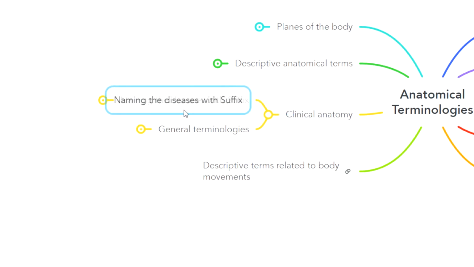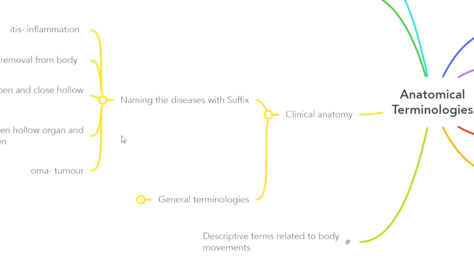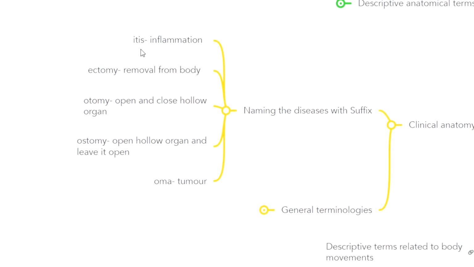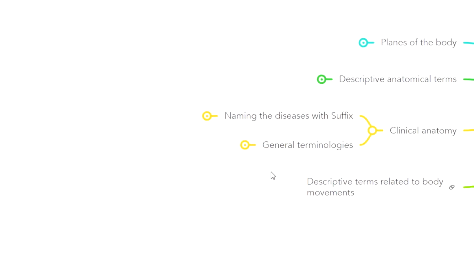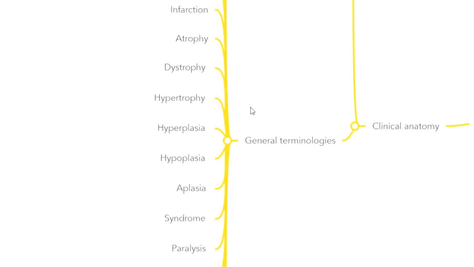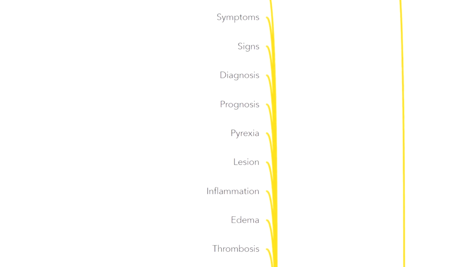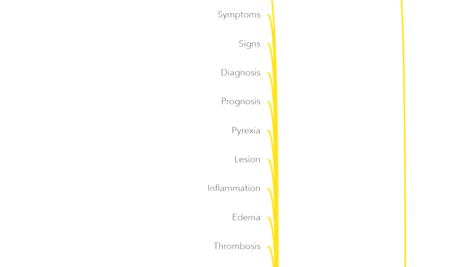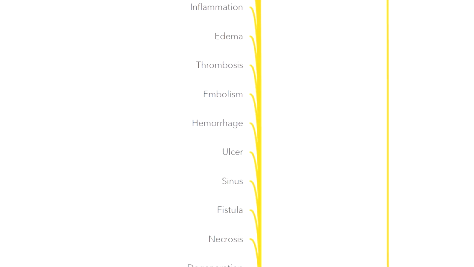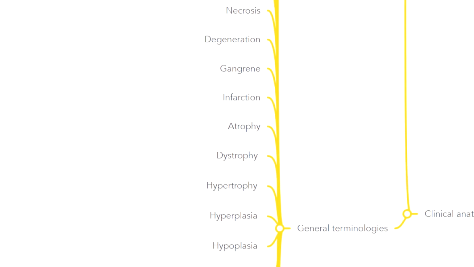Some of the suffixes we discussed were itis, ectomy, otomy, ostomy, and what is oma, and how it can be applied to a specific disease in different parts of the body. The general terminologies are a whole bunch; you can see how many general clinical terminologies we discussed under clinical anatomy, which is the fourth part of the anatomical terminologies.